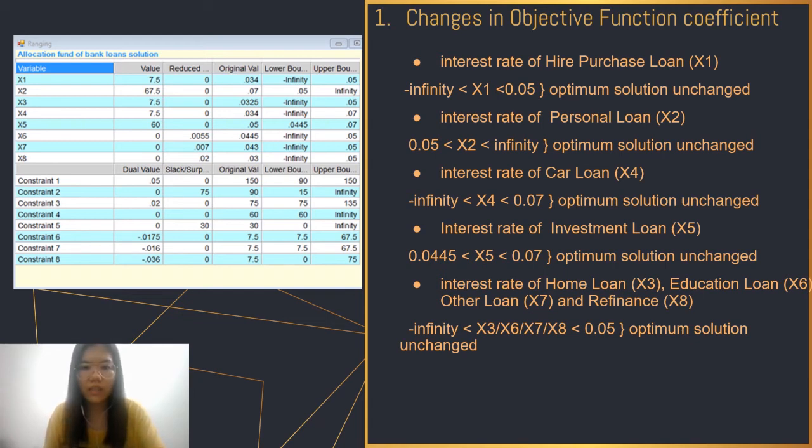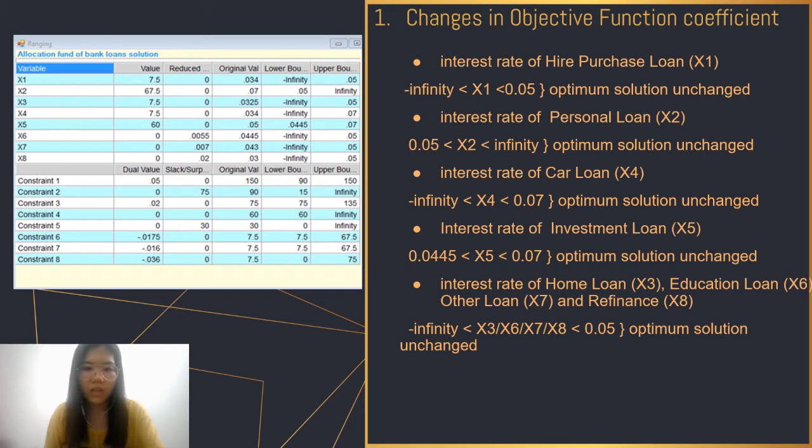This indicates that the fund that is allocated to x1 still is 7.5 billion when its interest rate does not exceed 0.05. For x2, we use the same logic to interpret. The optimal solution will remain constant if its interest rate is higher than 0.05.